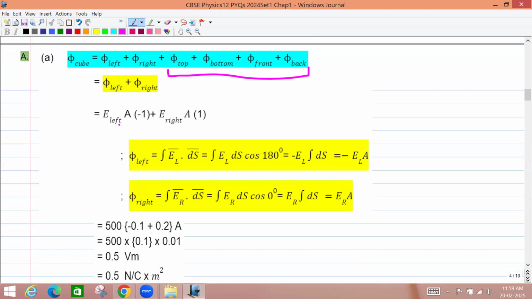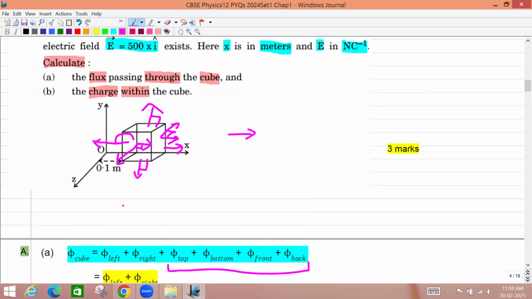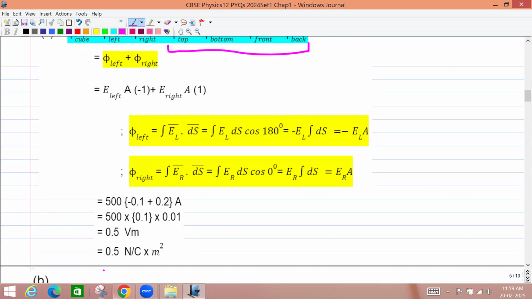So the electric field on the left face is 500 into the x value for the left face, which is 0.1. So 500 into 0.1 is the electric field. And this minus sign comes because the area vector and electric field vector are anti-parallel. The angle between them is 180 degrees.